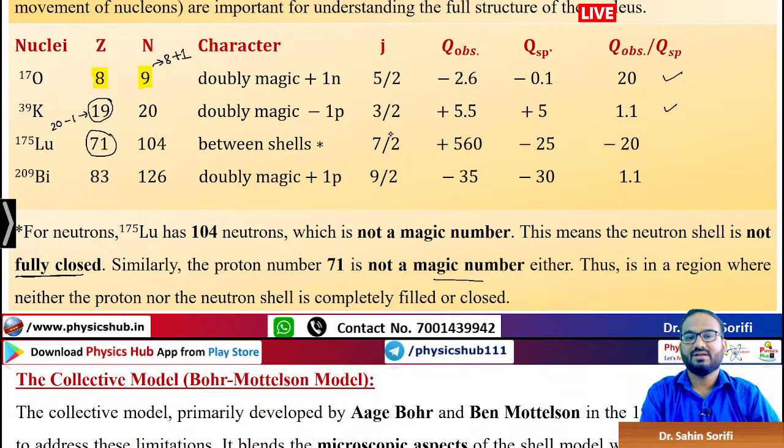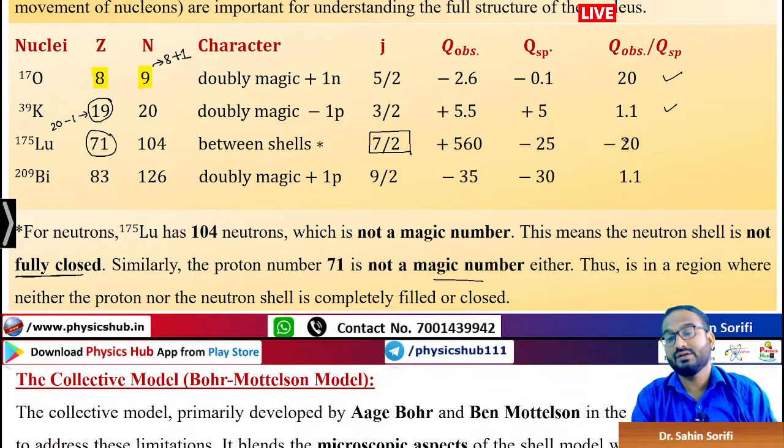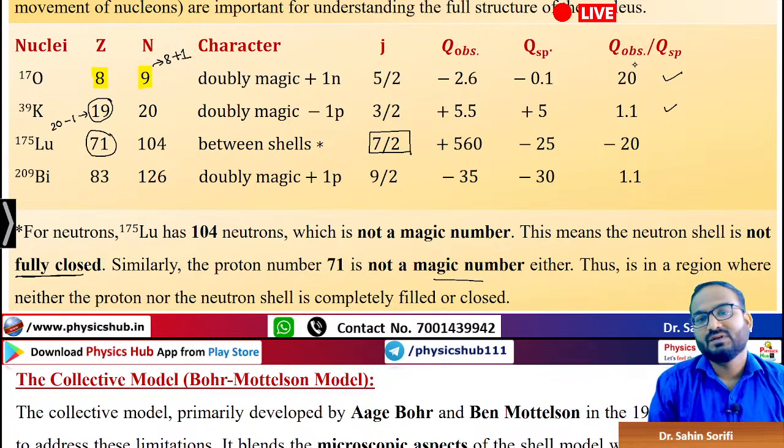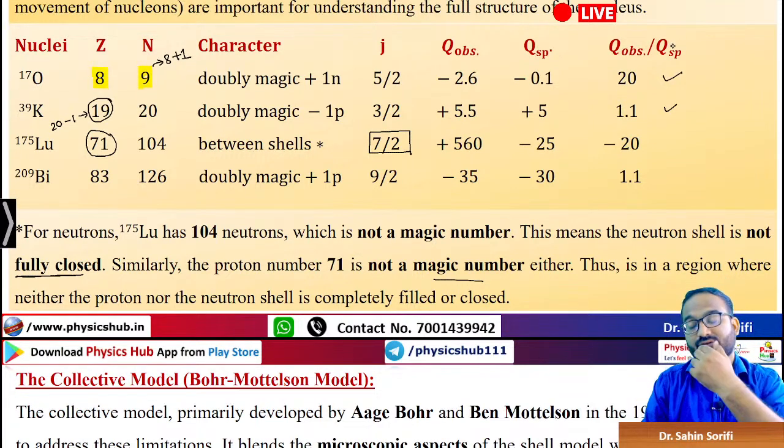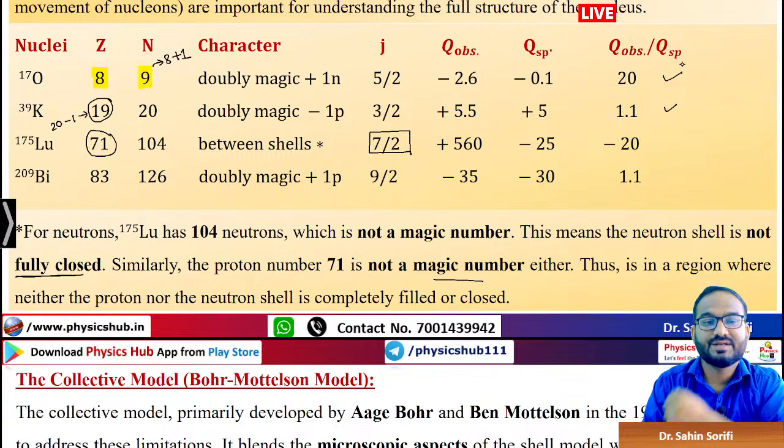For this, the J value has been evaluated as 7/2. Q observed by Q single particle, as you can see, is 20. So it is also greater, way greater than what was evaluated using the single particle shell model.